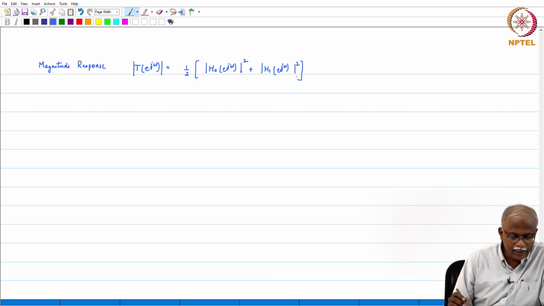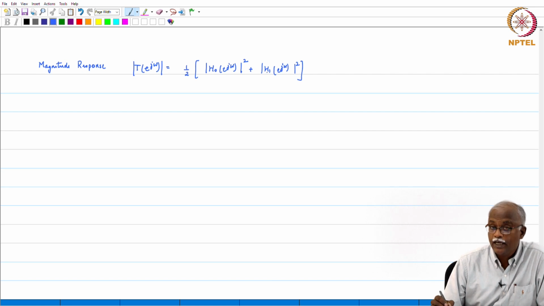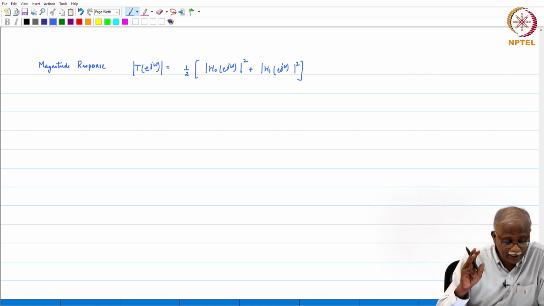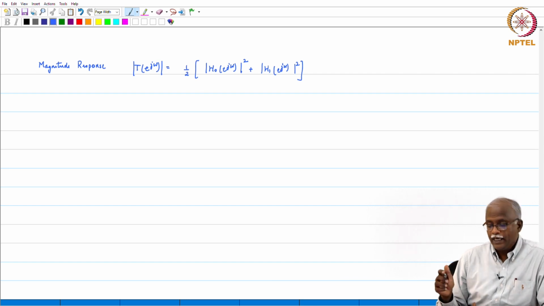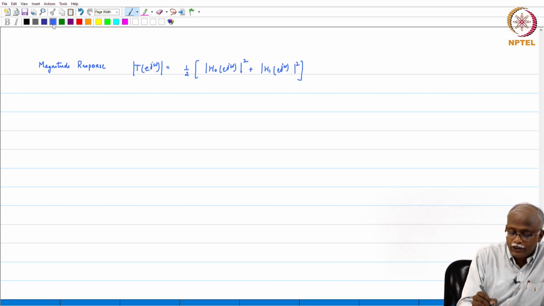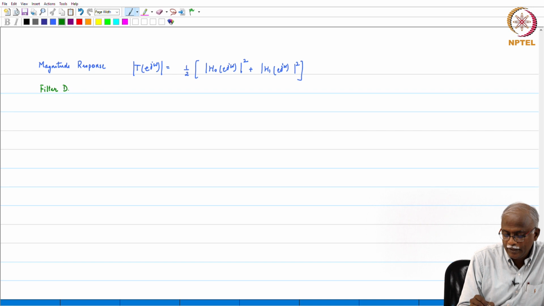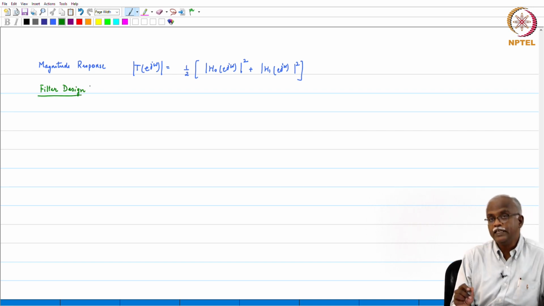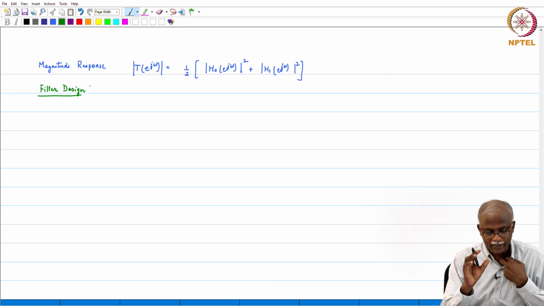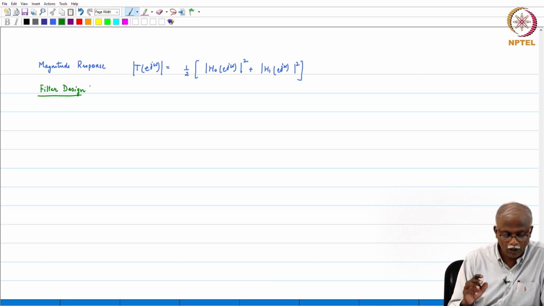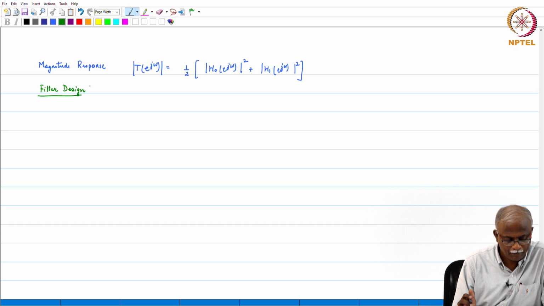So that is the response. We are going to design it with the type 2 linear phase filters, and now we go back into the filter design component, which I am sure you would have studied in digital signal processing, but we will just highlight the parts that we would need for today's discussion.